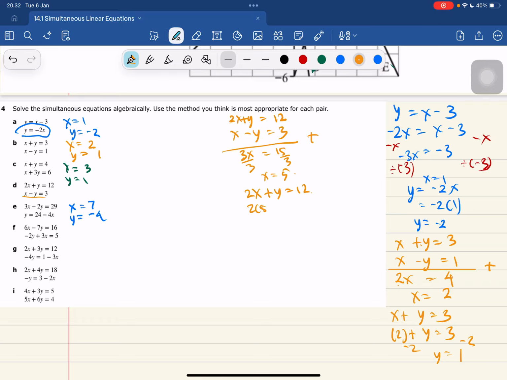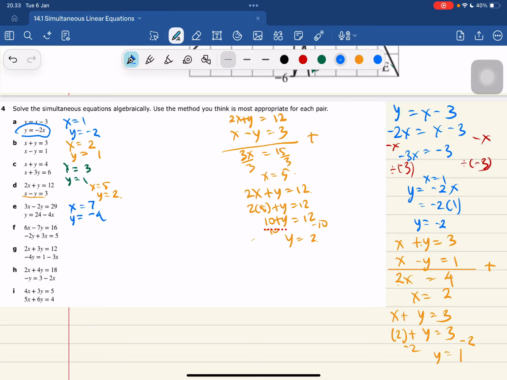So 2 times 5 plus y equals 12, so 10 plus y equals 12. We subtract 10 from both sides, so y equals 2. Okay, we got it: x equals 5 and y equals 2.